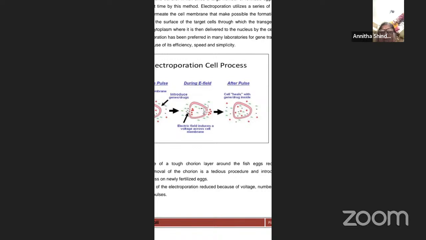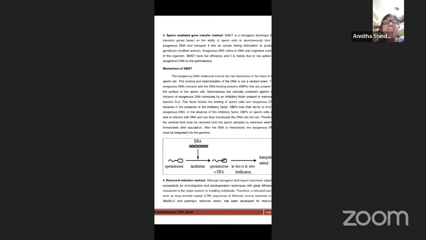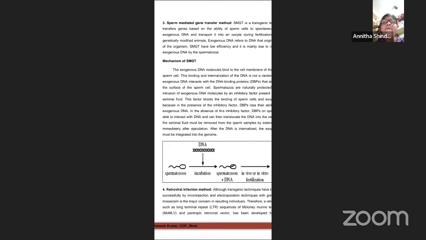This matters a lot, so it will also reduce the efficiency of electroporation. These are the two drawbacks one has to follow. Then there is another one also, about the electroporation method.